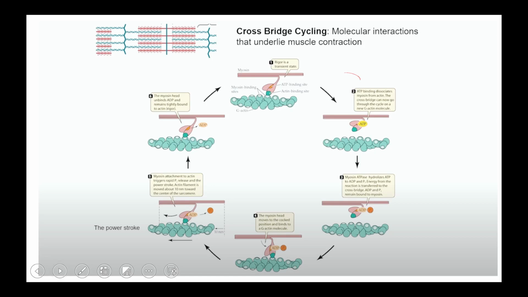When muscle contraction happens, this is a sarcomere, you can see, from one Z disc to another Z disc. In muscle contraction, there is a decrease in the length of the sarcomere.